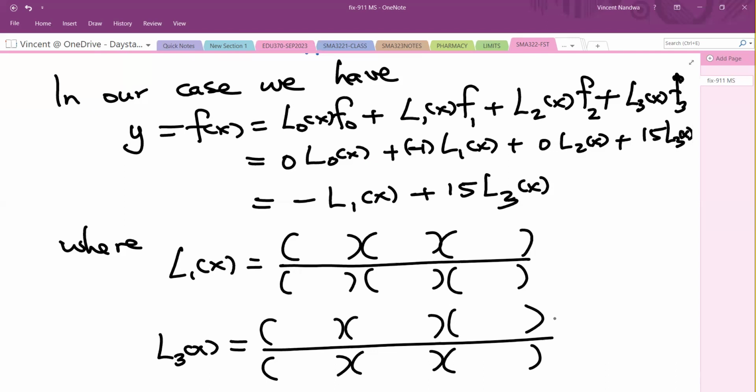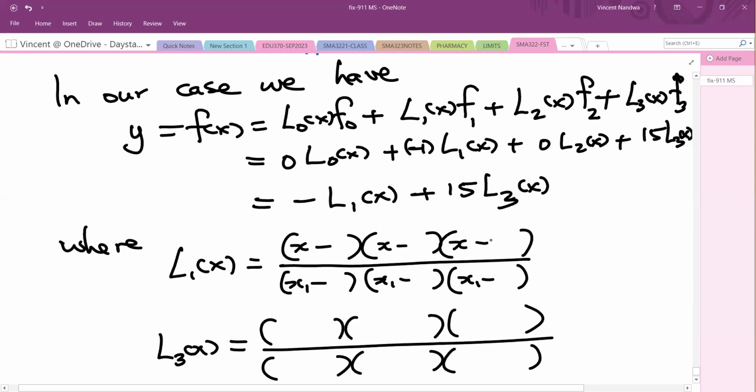So just listen before you write. When we say L1 of x, it means that we are dealing with the x1 value. So in each denominator, you start with the x1 value. And then for L1 of x, the starting value in each bracket in the numerator will be an x.